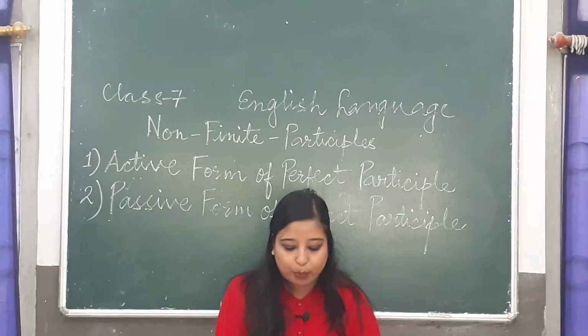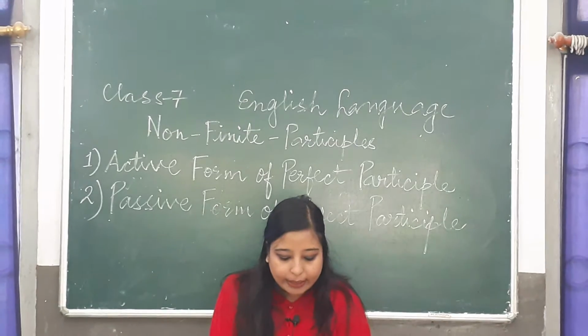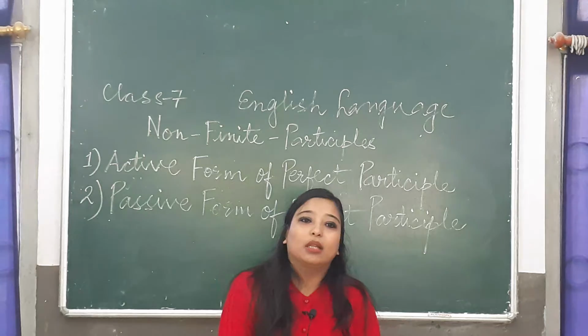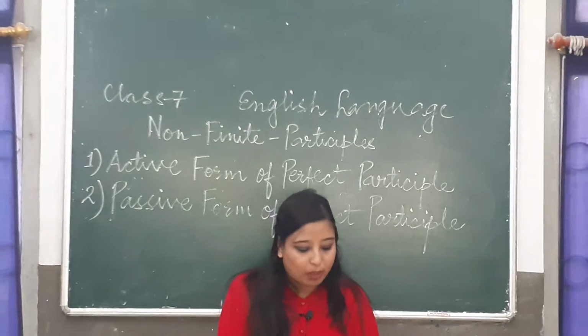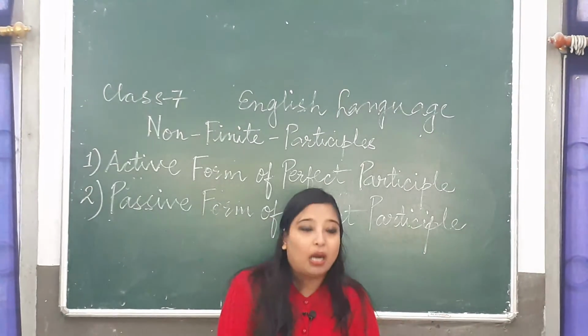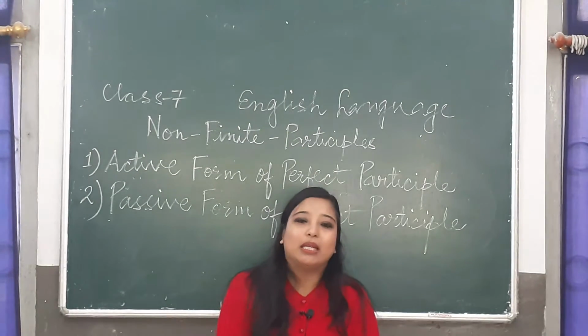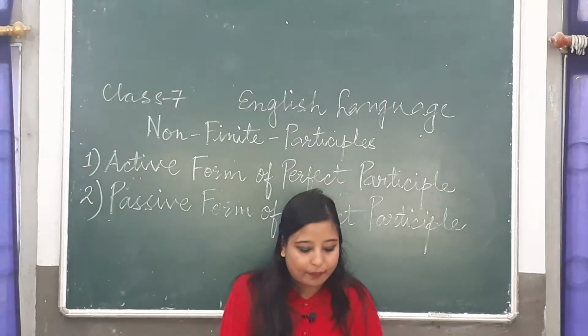Then I taught you about the past participle, using the third form of the verb, but it does not act as a verb or a doing word, it acts as an adjective, isn't it?